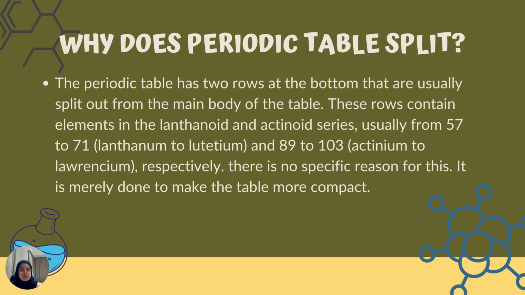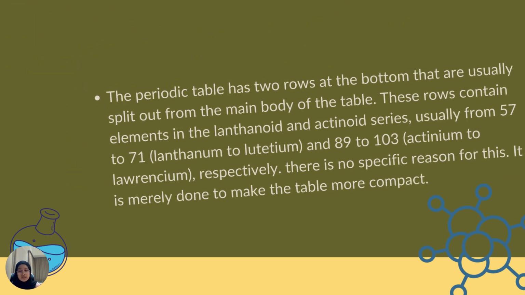These rows contain elements in the lanthanide and actinide series, usually from proton number 57 to 71, which is lanthanum to lutetium, and 89 to 103, which is actinium to lawrencium, respectively. There is no specific reason for this. It is merely done to make the table more compact.